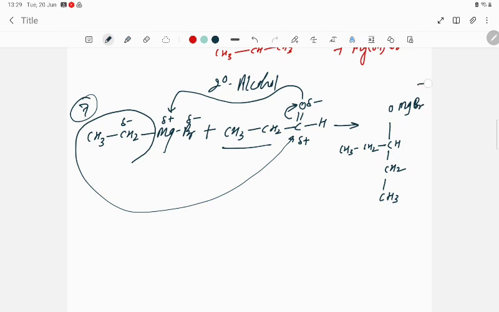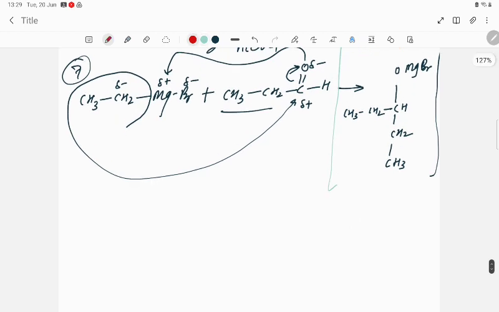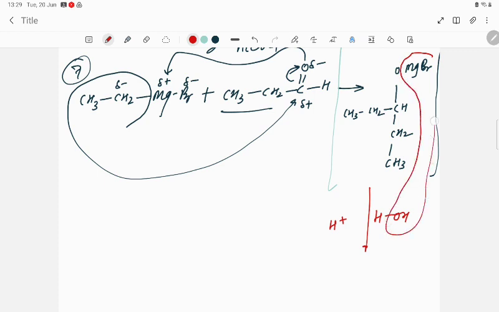Now friend, what will be happening here? Let us see, student. Now do the hydrolysis, student, HOH in the presence of a few drops of acid. So here MgOHBr is out, and this hydrogen will take the position of this one.